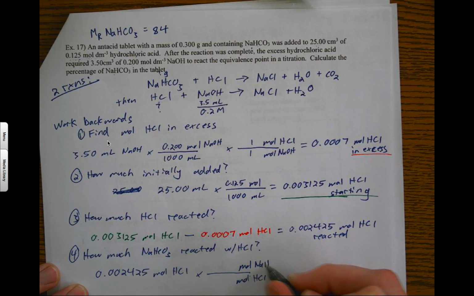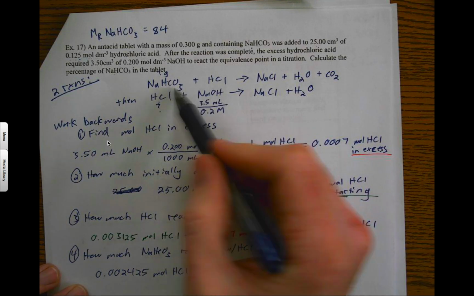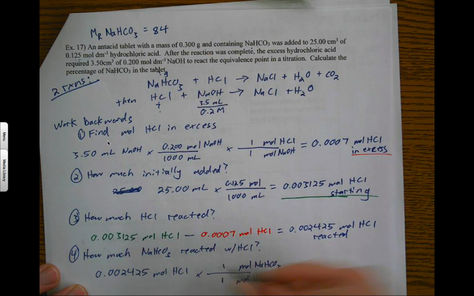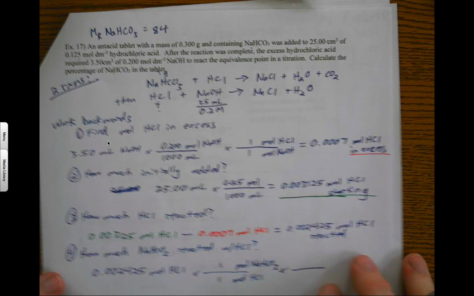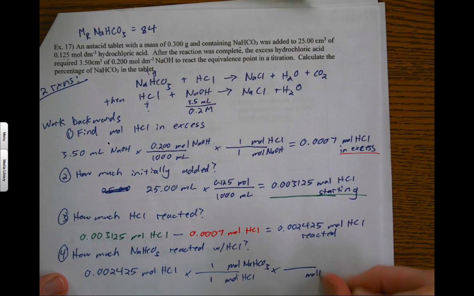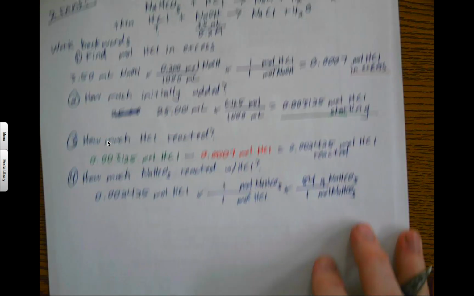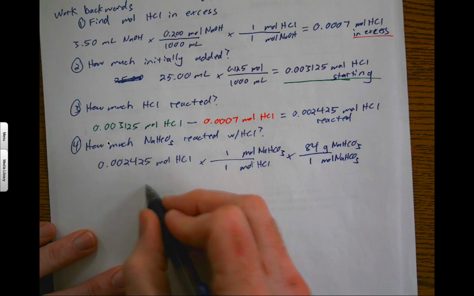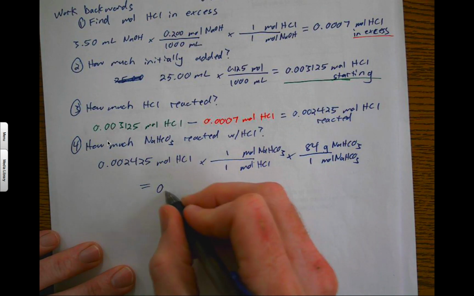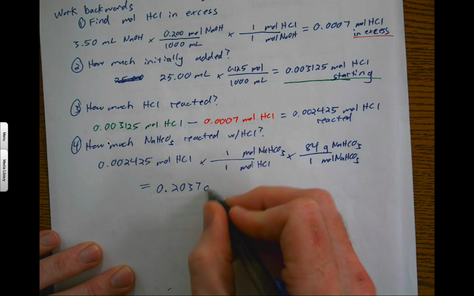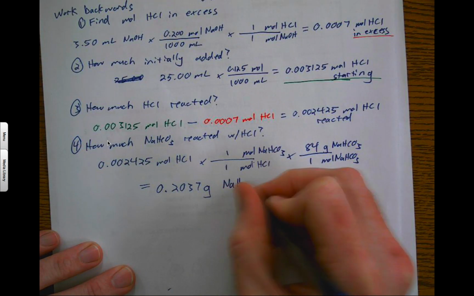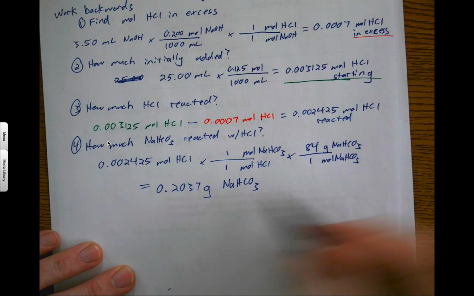We can find that mole ratio. That's a 1-to-1 ratio. And then now I can find moles of NaHCO3, grams of NaHCO3. That's the molar mass. So that's 84 grams per mole. So that means that 0.2037 grams of NaHCO3 was reacted.